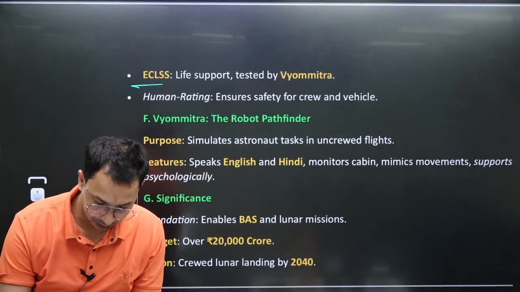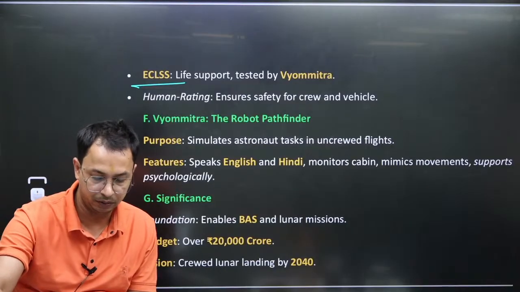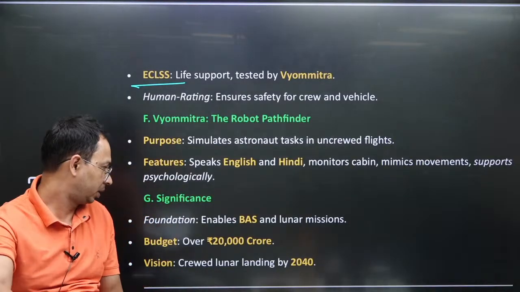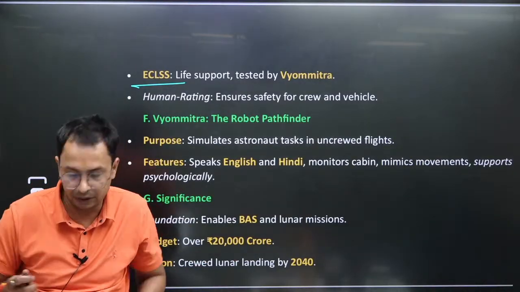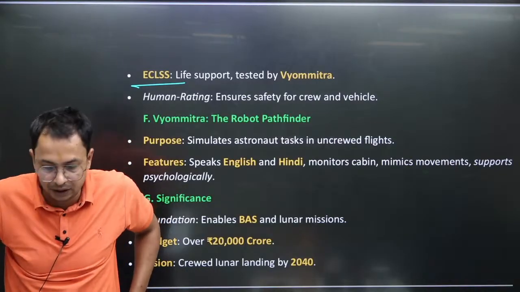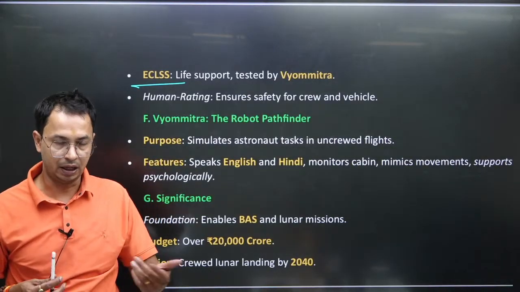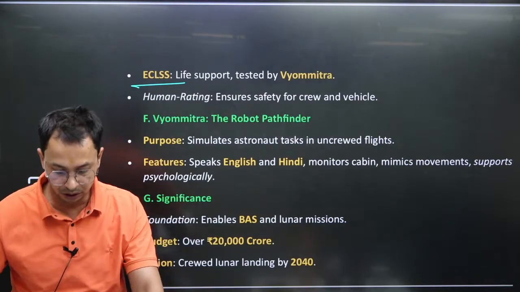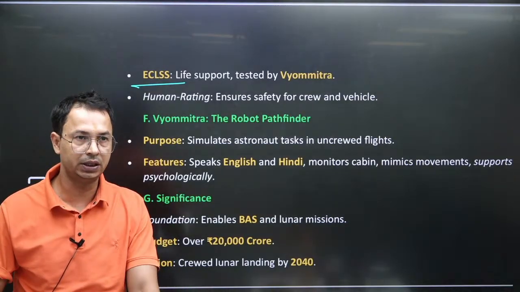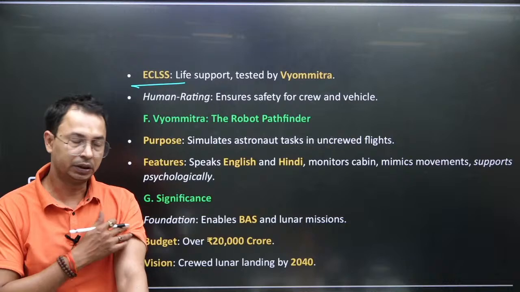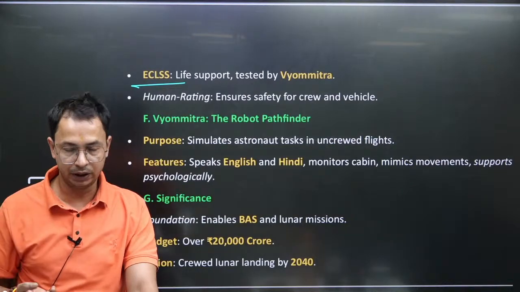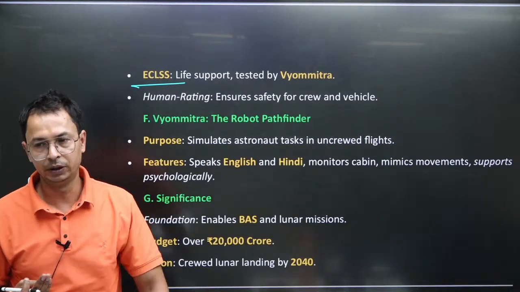Then the environment control life support system, because inside the crew module 3 persons will live, and if 3 persons live inside the crew module, there will be humidity, and there will be exchange of gases like carbon dioxide and oxygen. So the supply of oxygen should be consistent, there should not be an increase in the percentage of carbon dioxide, and there should be a moderate level of humidity also.